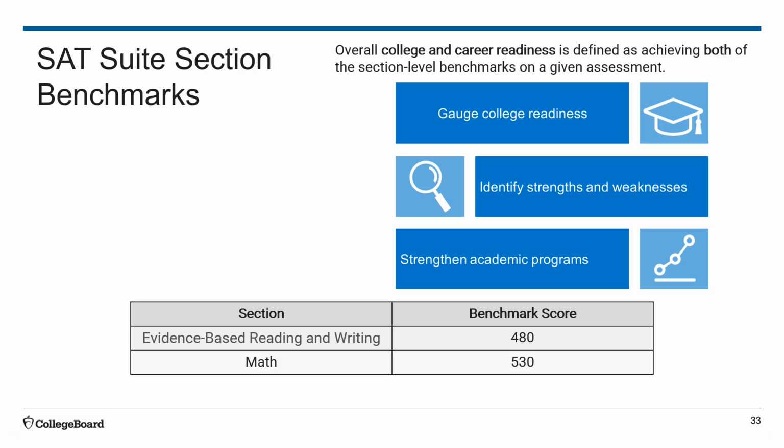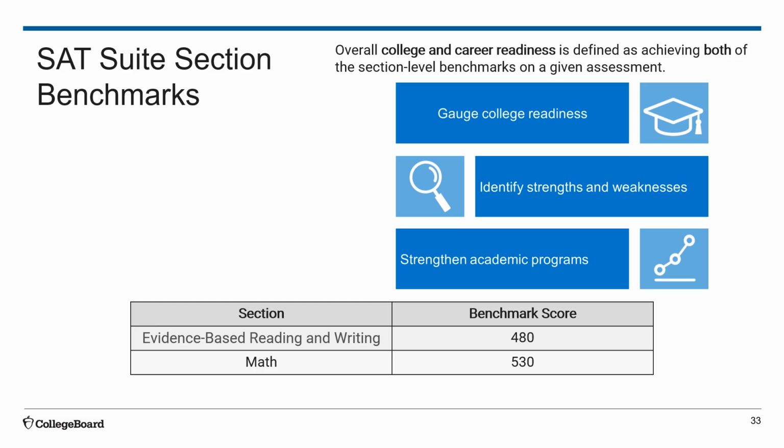The SAT College and Career Readiness benchmarks are based on actual student success in entry-level college courses. Specifically, the benchmark score represents a 75% likelihood of a student achieving at least a C grade in a first-semester credit-bearing college course in a related subject.